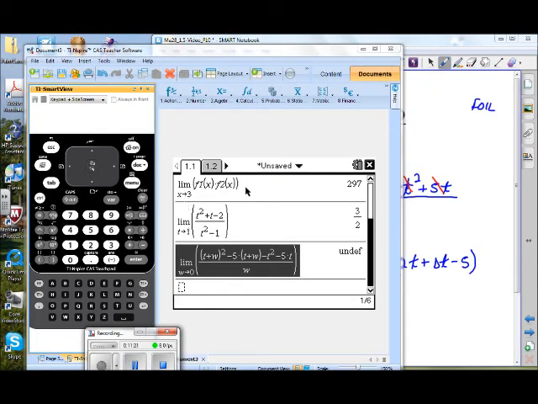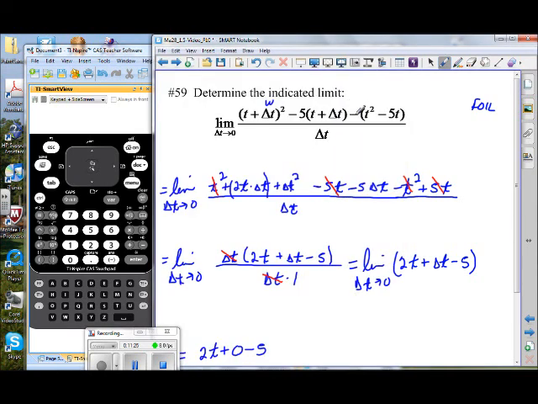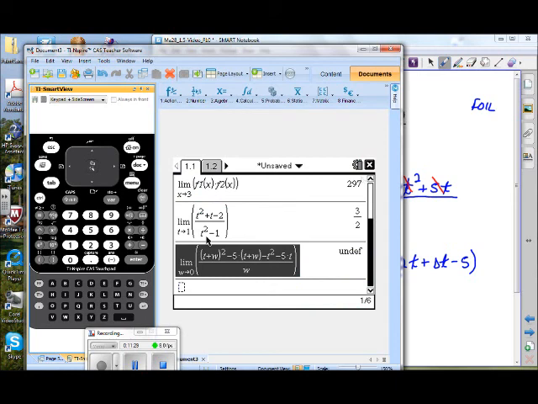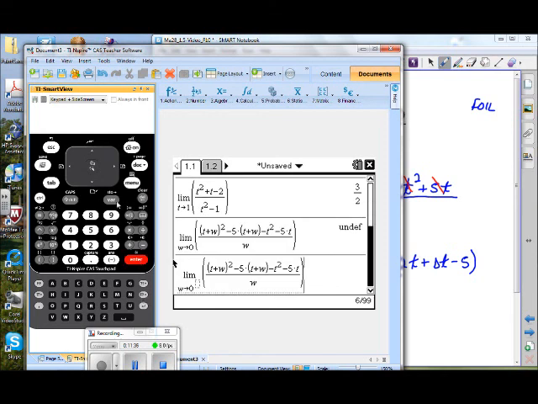Okay, I do notice I've got something in error here. If we look back to this, notice this is subtracting the quantity t squared minus 5t, and that's not what I have here. So I've used the up arrow to select that. I'm going to press enter. I'm going to backspace into here.